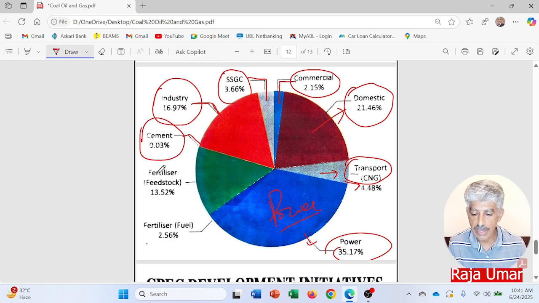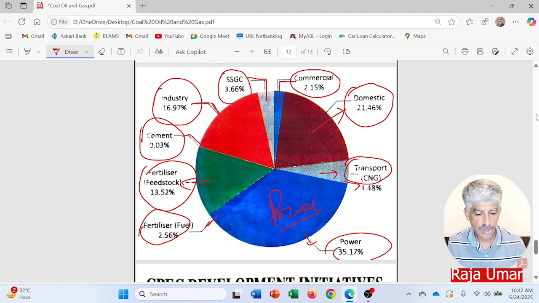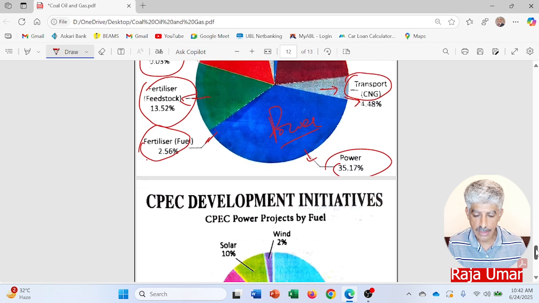And the fertilizer industry is consuming a lot, that is 13.52% of the natural gas production. And the fertilizer industry as fuel, that is 2.56%. So this is how natural gas is being consumed in Pakistan in different sectors.